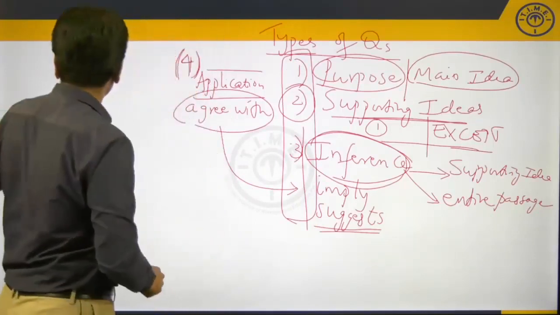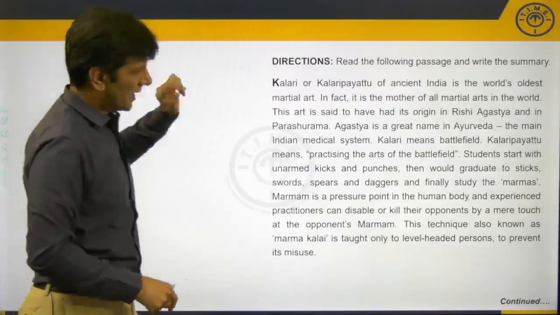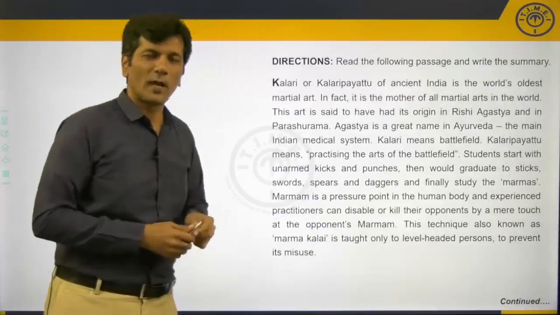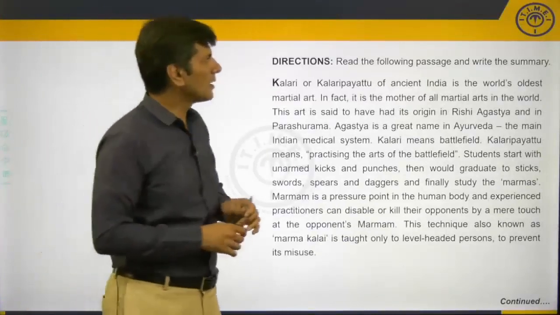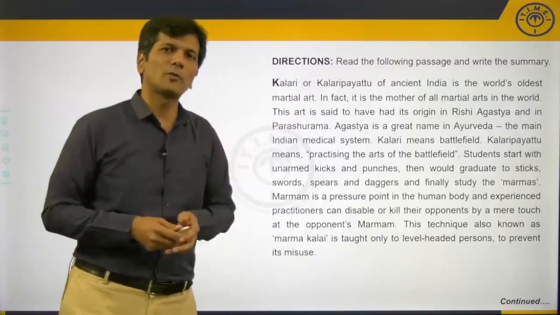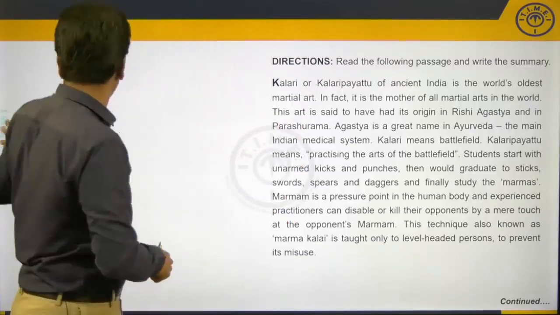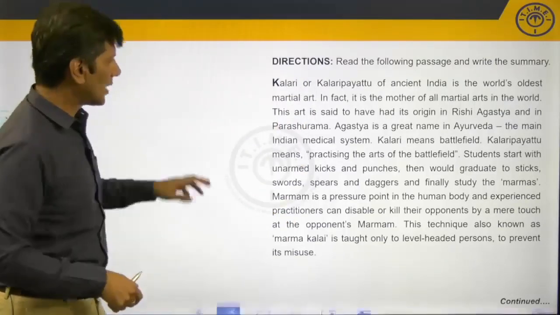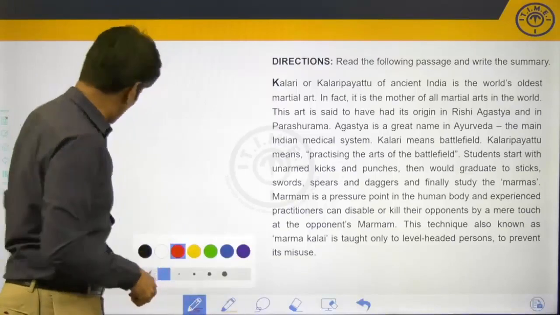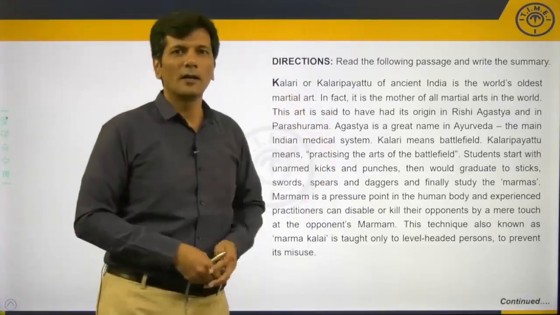Now, moving on. Take a look at the handout that you have with you, and we will look at this passage. Remember that our first step towards reading and comprehending better is to be able to summarize the context of a particular passage. What you have on your screen is one paragraph of a passage.